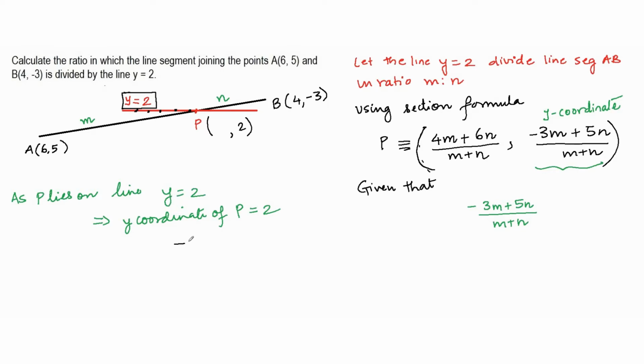So minus 3m plus 5n divided by m plus n should be equal to 2.